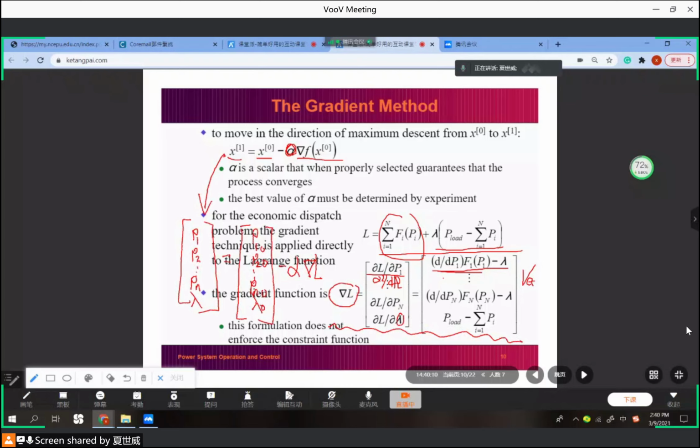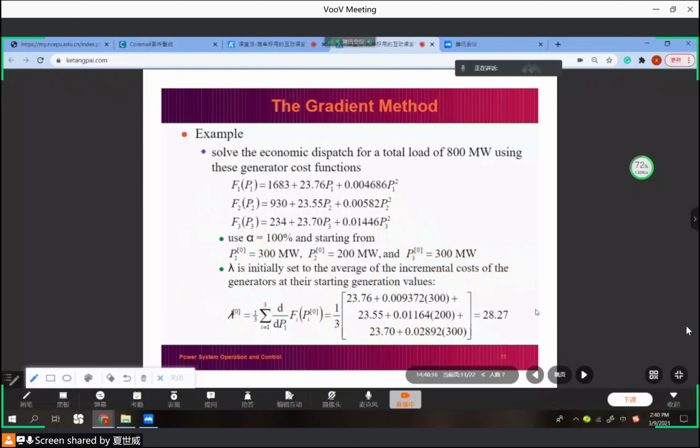So let's show how to use this method. Here we have an example like this. We have 3 generators. This is the fuel cost.